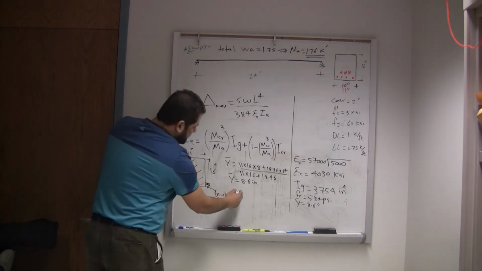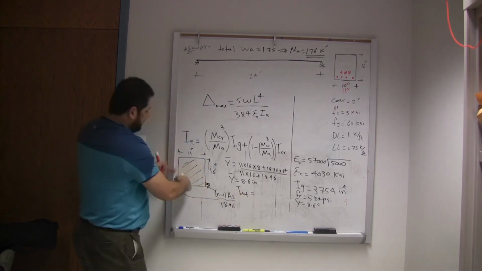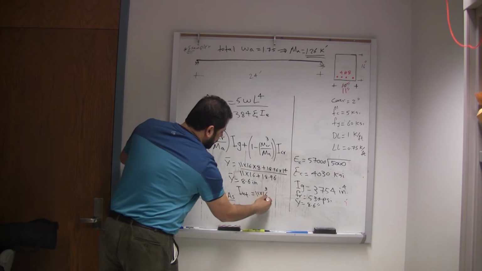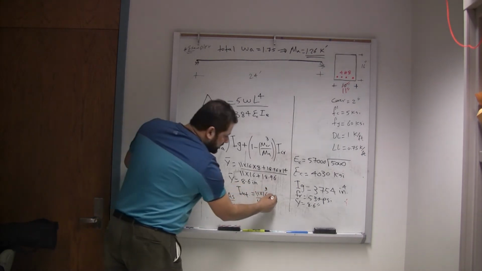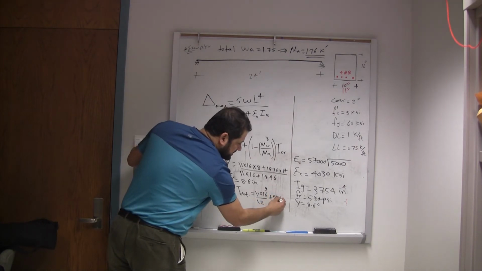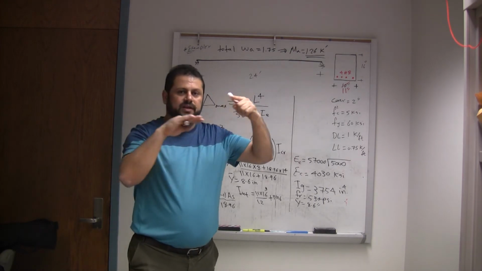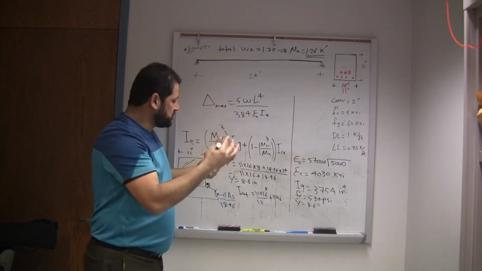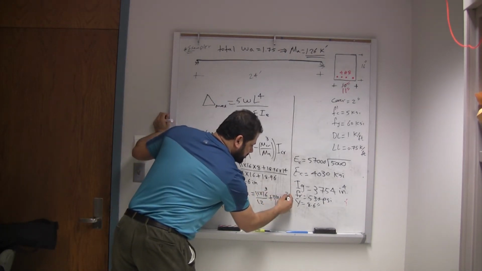So I uncracked equals 11 times 16 cubed over 12, plus the area times the difference between the two neutral axes: 11 times 16 times (8.6 minus 8) squared, which is 0.6 squared.